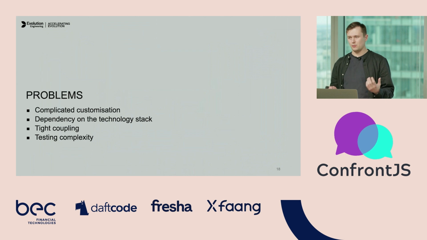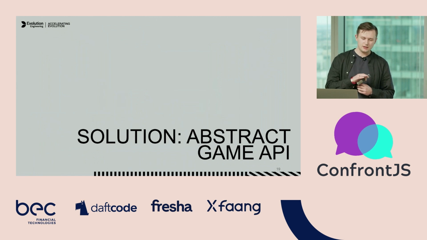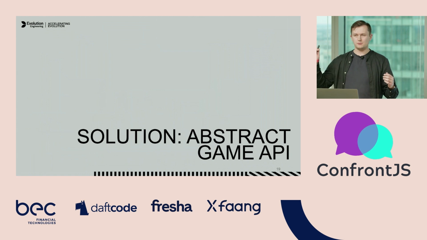So we had to come up with some solution. We called it Abstract Game API. What was the main purpose of it? Abstract Game API was some kind of proxy between the game and the abstract game.